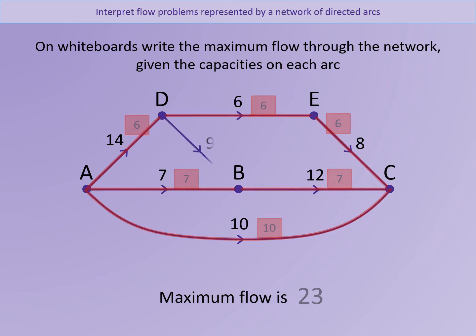Okay, let's add another arc in, D to B, with a capacity of 9. Again, pause and consider what the maximum flow would be through this network.